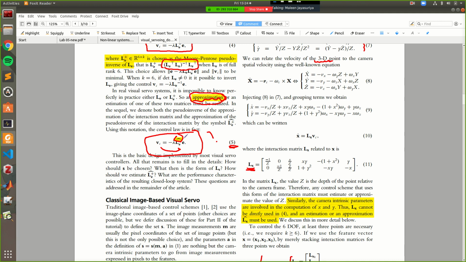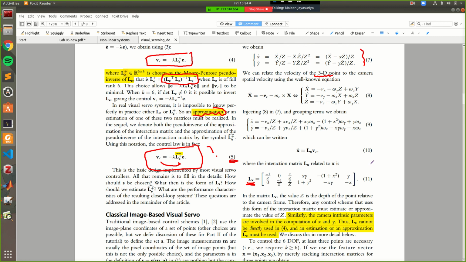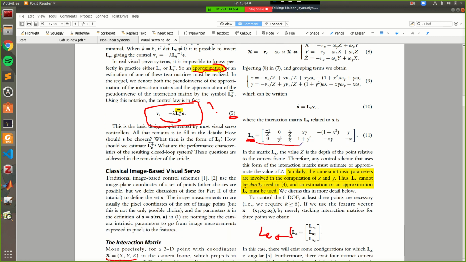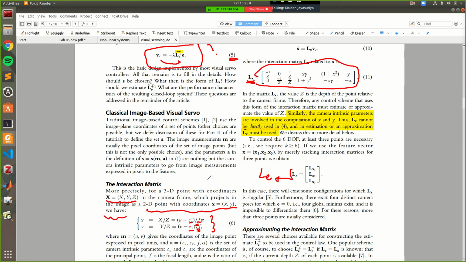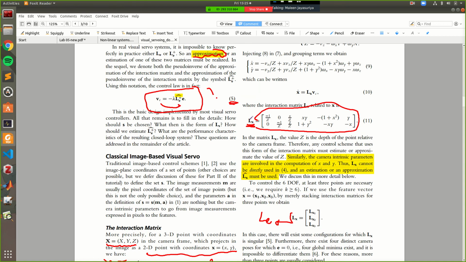Why is it an approximation? Because in the calculation of L, to get these values, you have to use the focal length and the principal point values, and none of those are perfect. They're just estimated values. So because of that, your ultimate L value will be an estimate, not a perfect value.